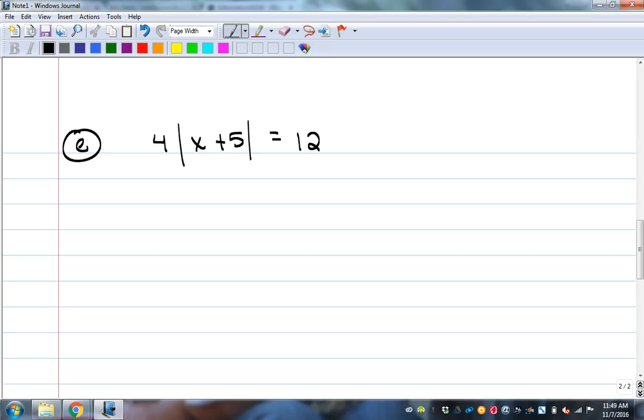It's being multiplied. Now, here's the thing that is different with these problems compared to a regular equation. You do not want to distribute. We want to divide by that 4. Do not distribute into an absolute value. Ever. Don't do that. So we want to get rid of that 4 by division. Don't distribute.